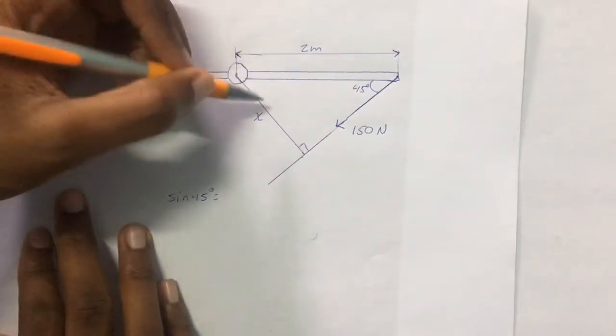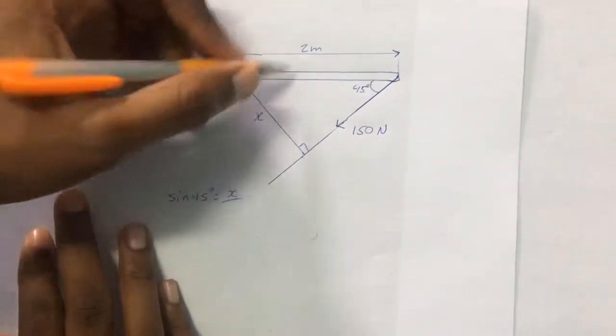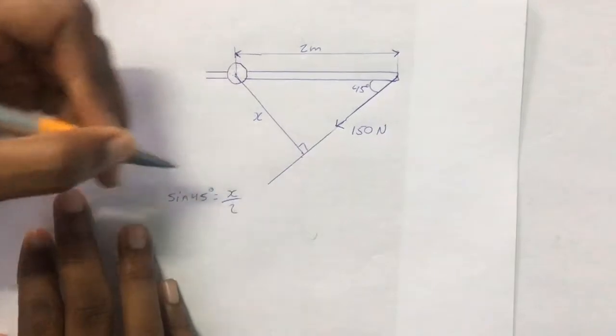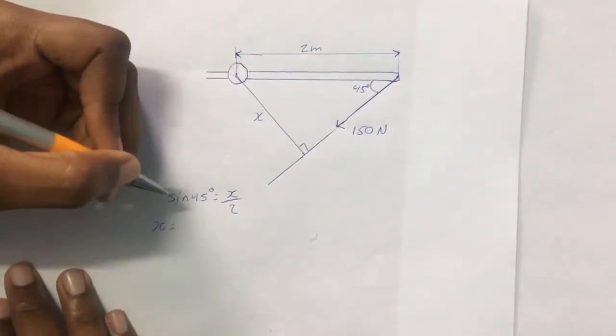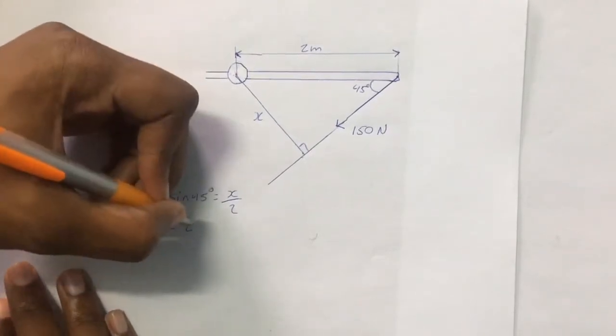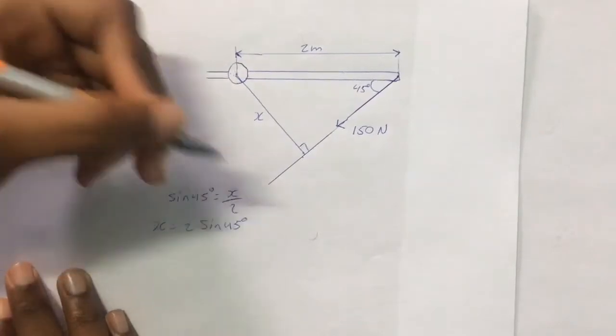So the opposite is x over the hypotenuse, which is 2. Therefore, x is equal to 2 times the sine of 45 degrees.